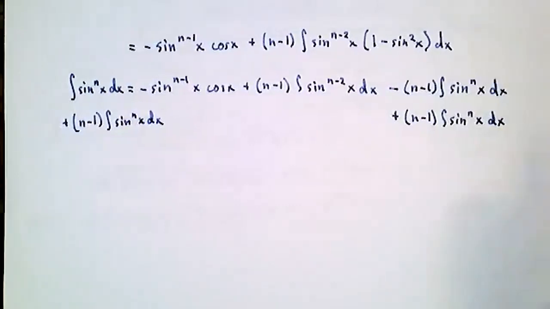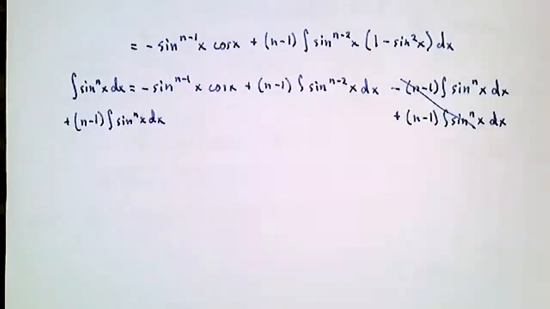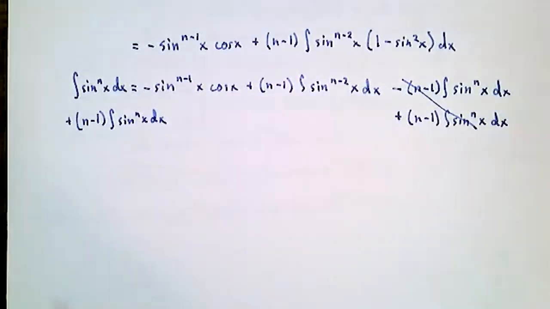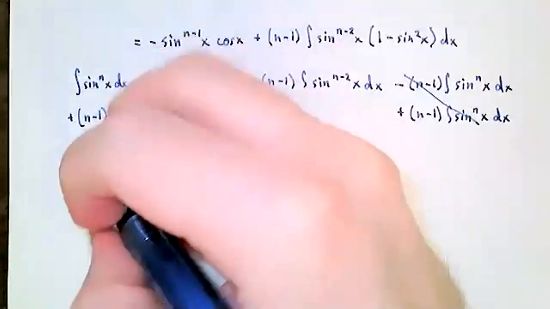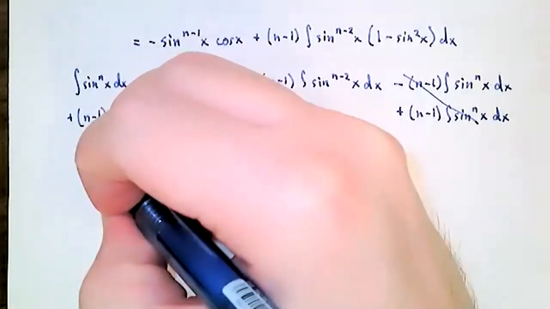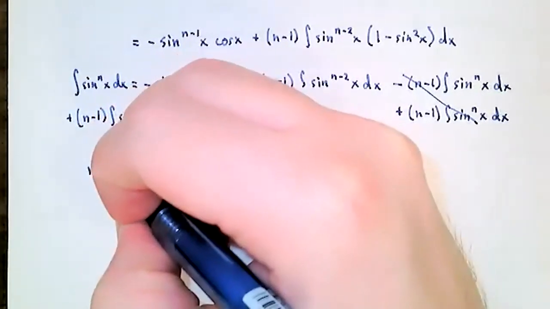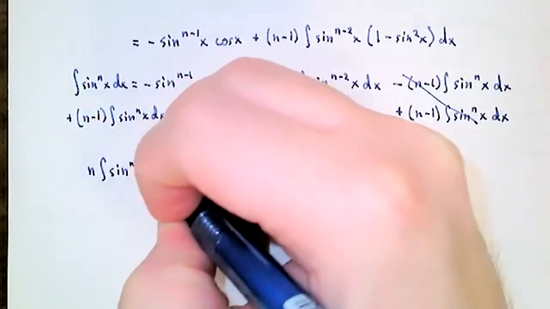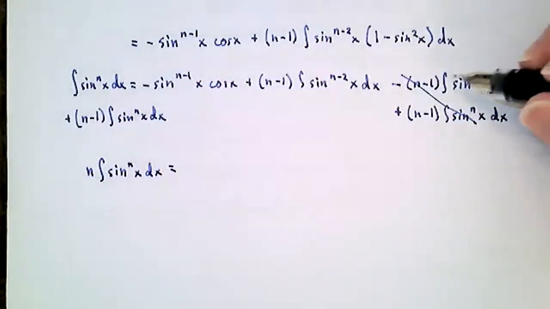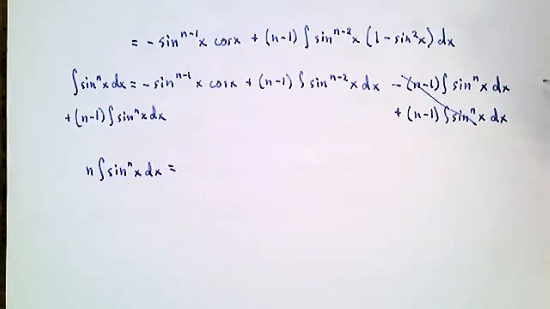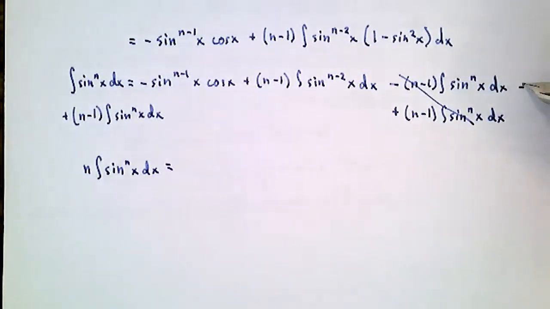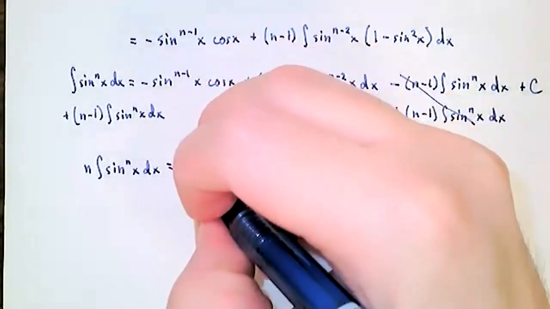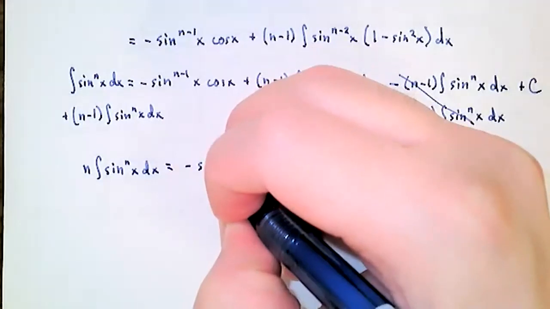So over on the left side, well, these are going to go away on the right. On the left side, when we add 1 plus n minus 1, that means we get n times the integral of sine to the n of x dx. And remember, when we canceled this off, just like in the last problem, since we're doing calculus, we have to remember to add a constant. So let's copy all of this down.